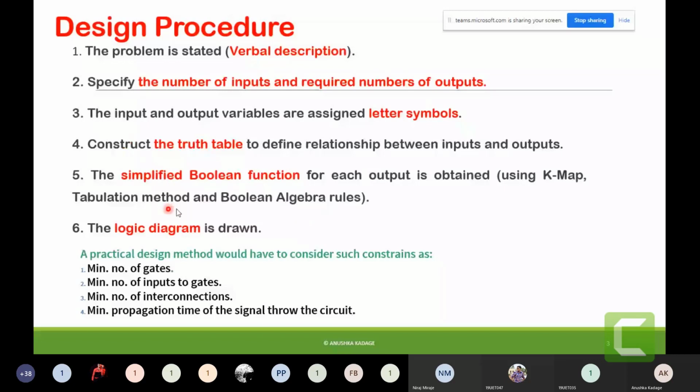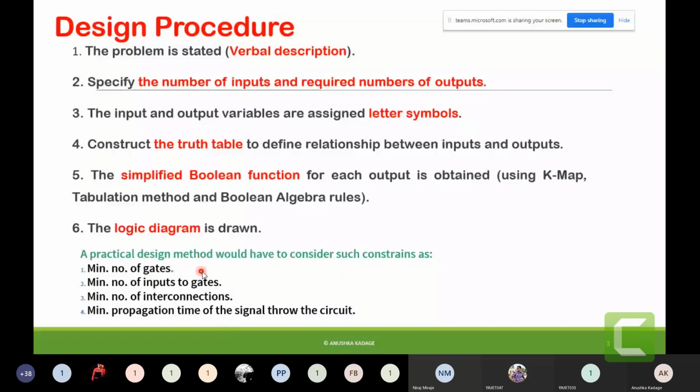Once the simplified Boolean function is obtained, we have to draw the logic diagram. Now, when the logic diagram is drawn, a practical design method will face some constraints, and those constraints are based on how many gates we are using.